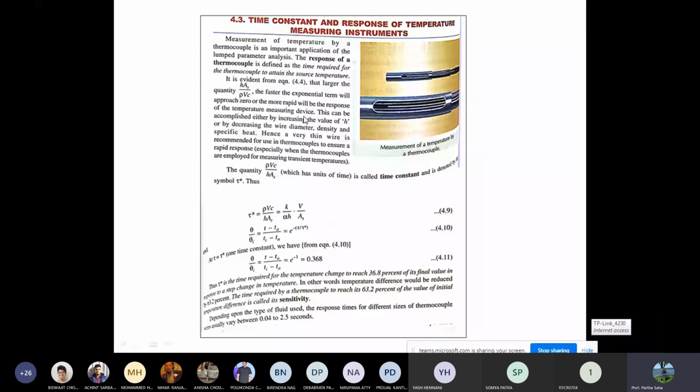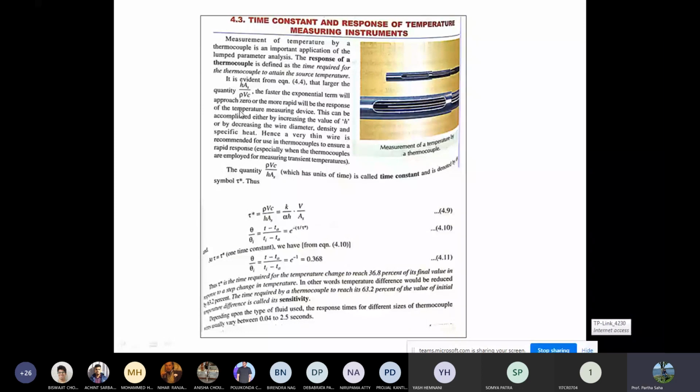Now from equation 4.4, that is hS over ρVc, the faster the exponential term approaches 0, the more rapid will be the response of the temperature measuring device. This can be accomplished either by increasing the value of h, or by decreasing the wire diameter. That means the volume, right? Density and specific heat are in the denominator, and V by S you can write as Lc.